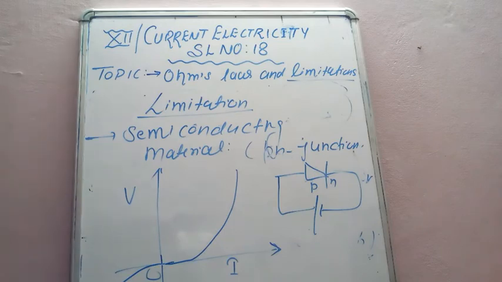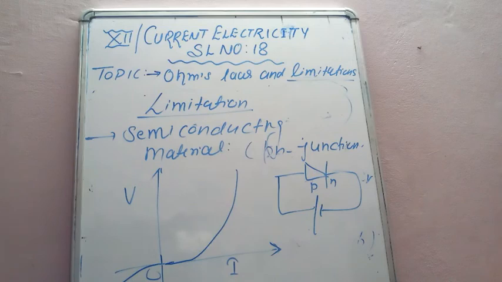We will take only these two into consideration, not much more. The third limitation is also related to the semiconducting material, and it is also given in the NCERT textbook.